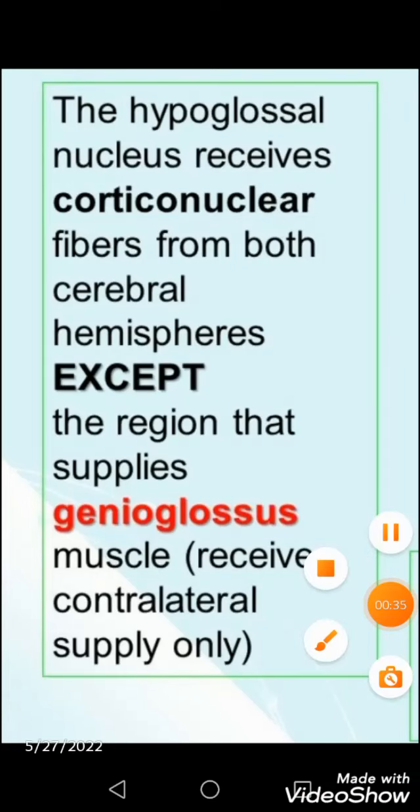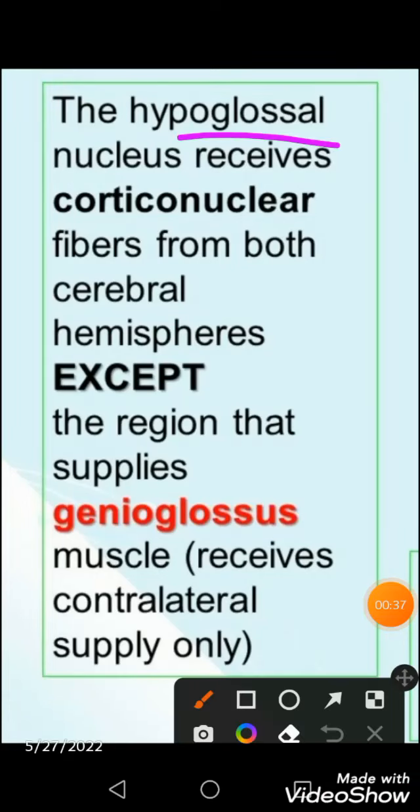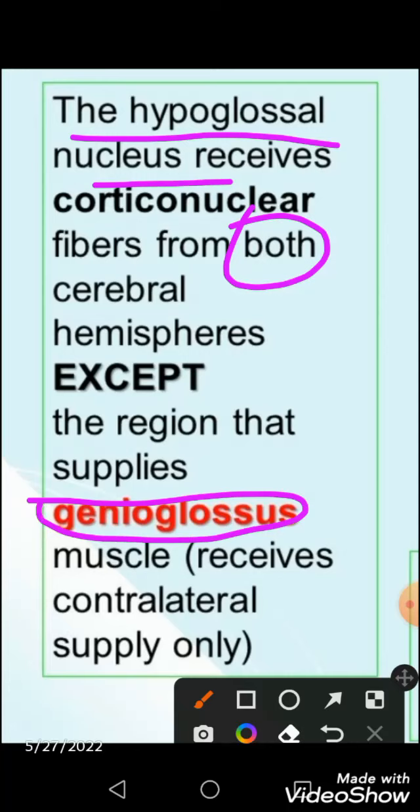So, can you read them aloud? Your hypoglossal nucleus has to receive corticonuclear fibers from both cerebral hemispheres for most of its muscles, except the genoglossus, which receives only contralateral supply from the cerebral hemispheres, right?